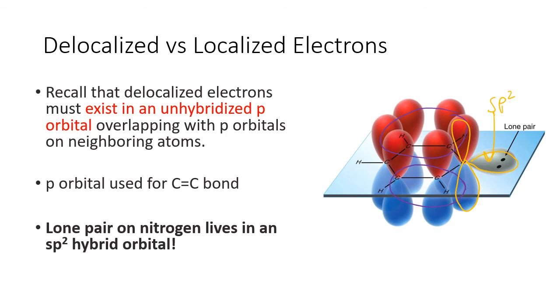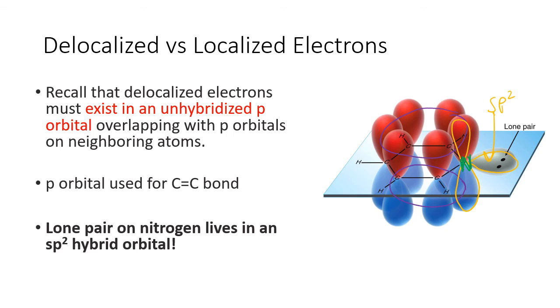And so this is something that's really important when we learn about aromatic compounds more in depth, and we decide if they can possess a special property known as aromaticity, which gives them extra stability. But in this example, I just wanted to point out to you that on our nitrogen atom, even though it does have an unhybridized p orbital and it is in fact sp2 hybridized, that lone pair does not live there.